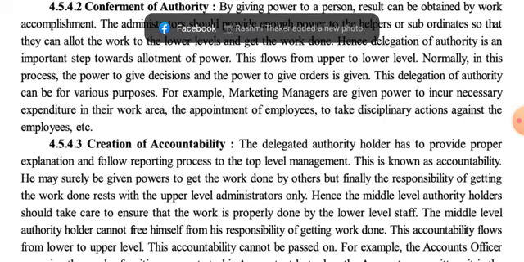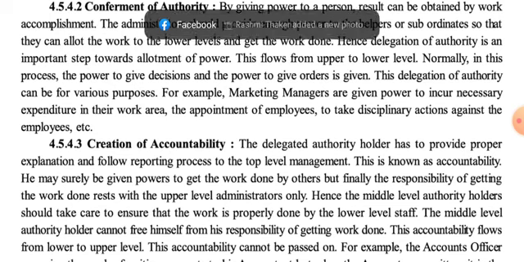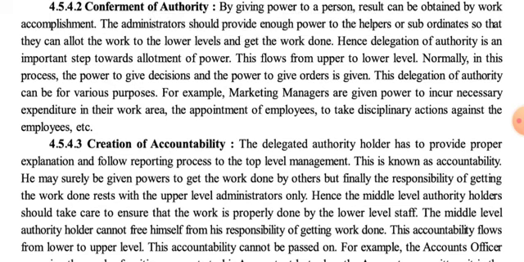The administrators should provide enough power to the helpers or subordinates so that they can allot the work to the lower levels and get the work done. Hence, delegation of authority is an important step towards allotment of power. This flows from upper to lower level.